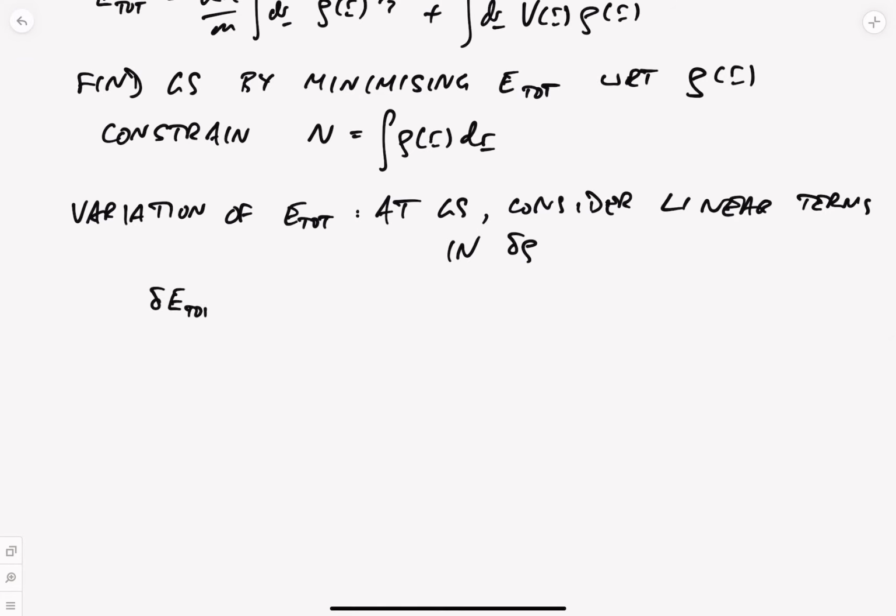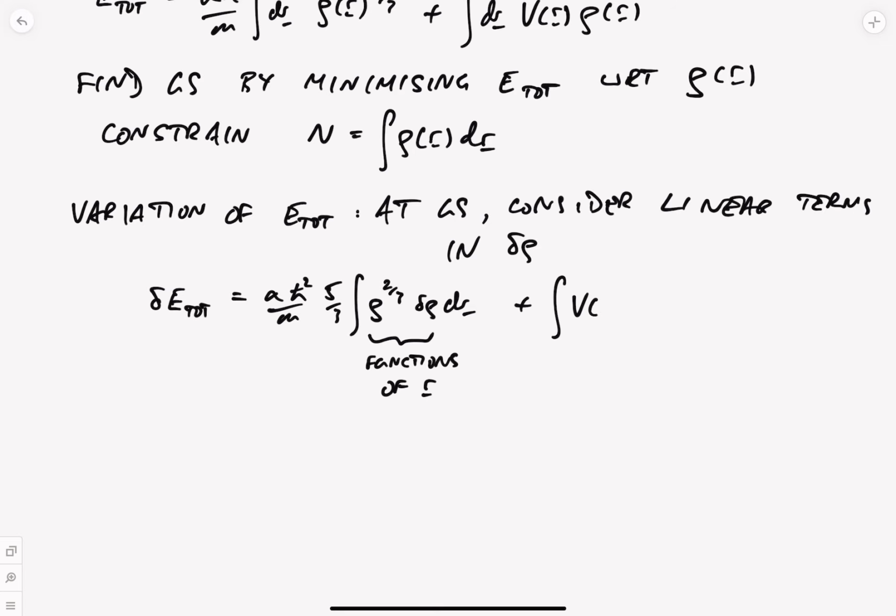Delta E total is equal to alpha h bar squared over m 5/3 of the integral of rho to the 2/3 delta rho dr, and you should notice that both of these are functions of r, plus the integral v of r delta rho of r dr. So that's the variation in the total energy.